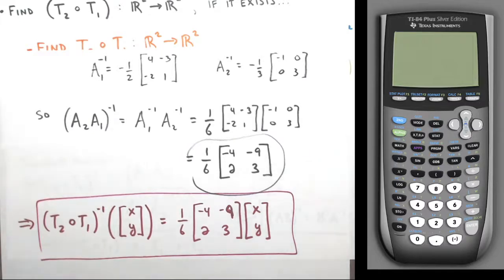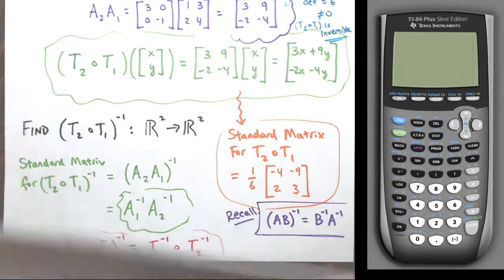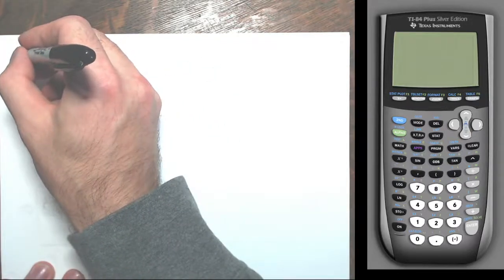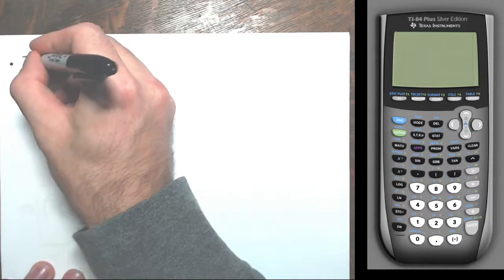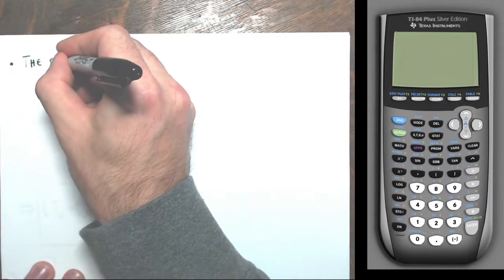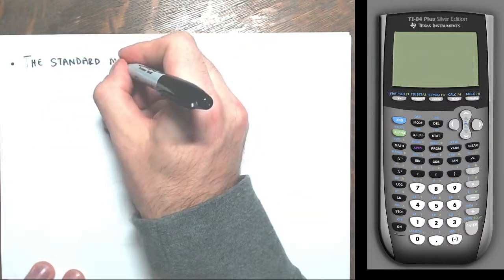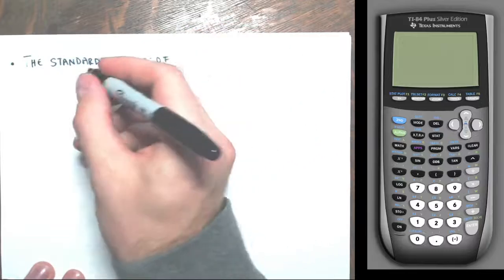Not going to really plug in inputs, so those should be proper inverses. But the big key to take away from this last example is the following. One point is the standard matrix of the inverse of a composition.